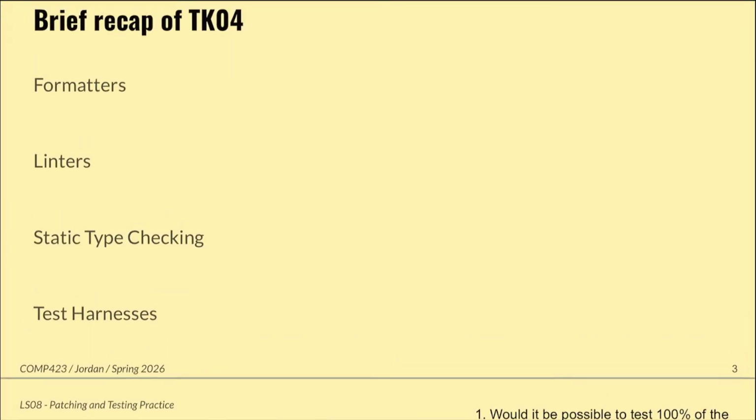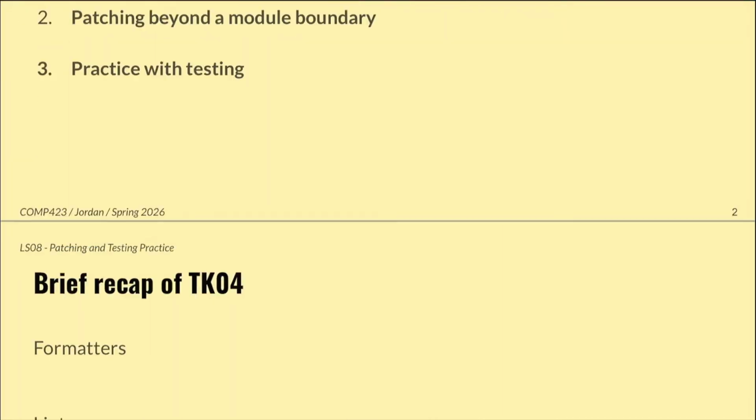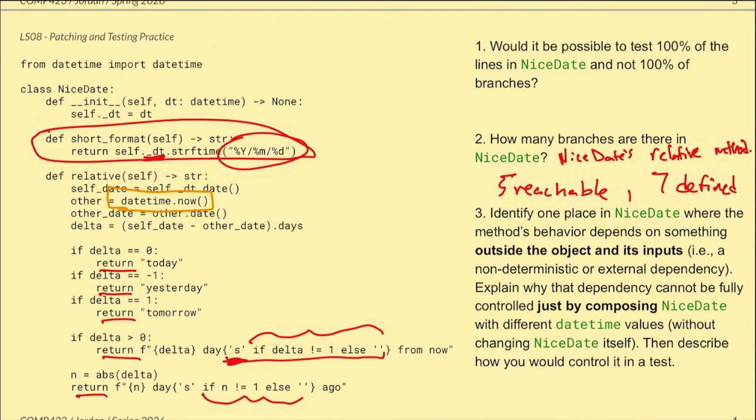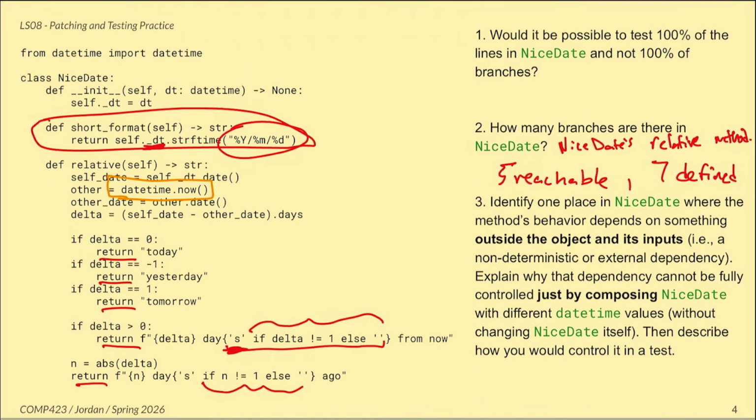So briefly, just to remind us how we got here, on page 1, we have this class nicedate. It imported datetime from datetime. And this is a funny line, but just to explain something, this is a module, and it exports a class that has the same name.